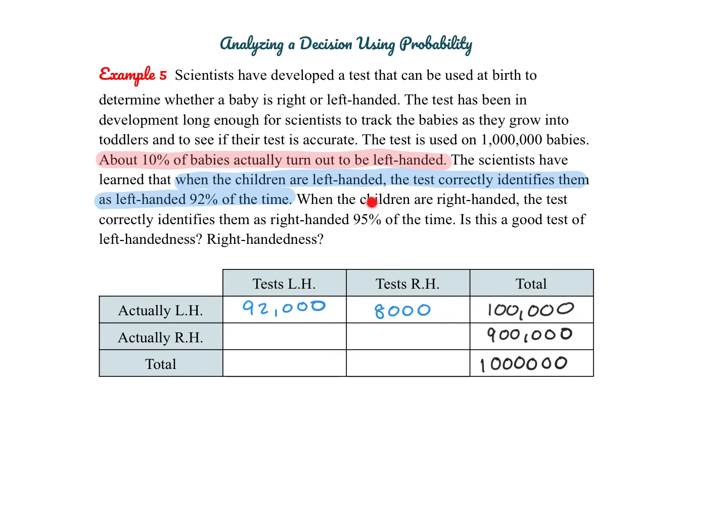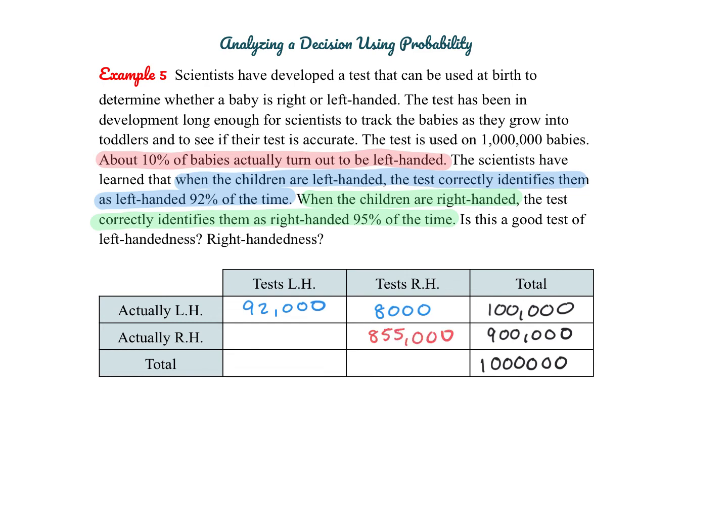Now, if you look at this next piece of data here, I'll highlight it in green, when the children are right-handed, so that's the condition here, so we'll only be looking at this population of the study. The test correctly identifies them as right-handed 95% of the time. So we have to find 95% of 900,000. So 95% of 900,000 is 855,000.